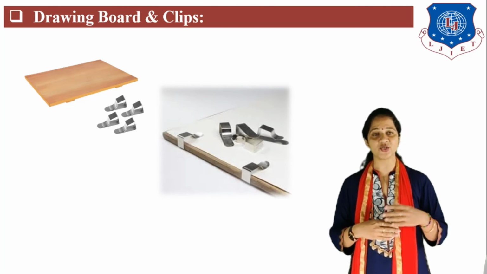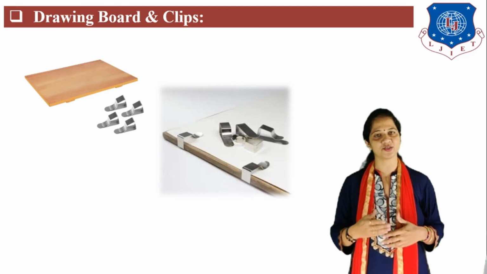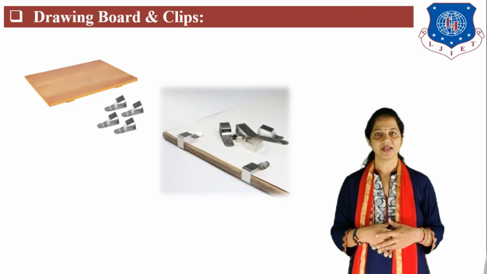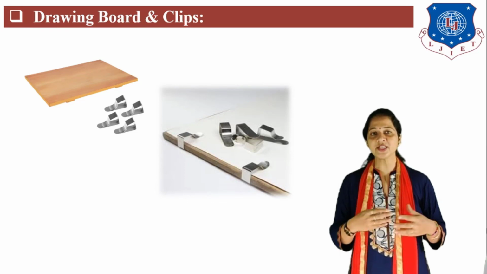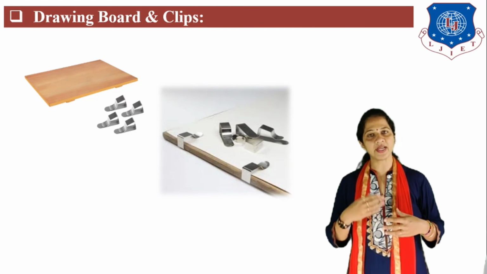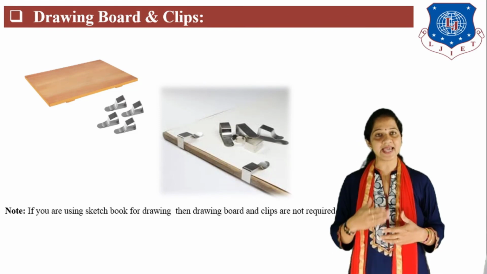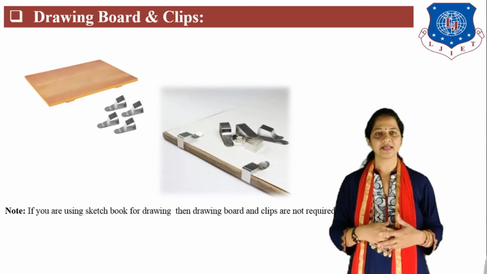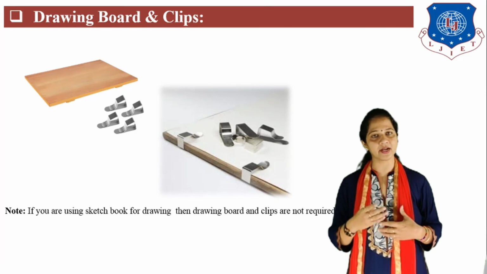The size of the drawing sheet should be smaller than the size of the drawing board. Clips are used to hold the drawing sheet on the drawing board. If you are using a sketchbook for drawing, then drawing board and clips are not required.